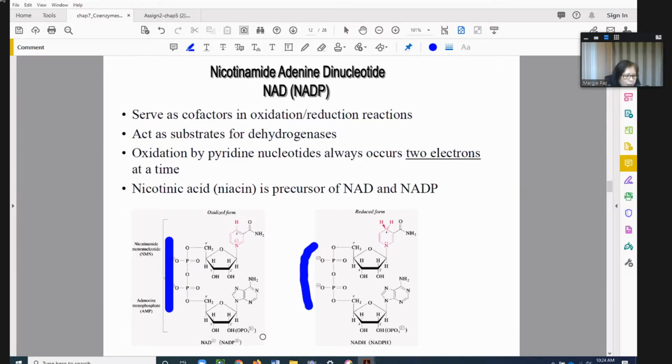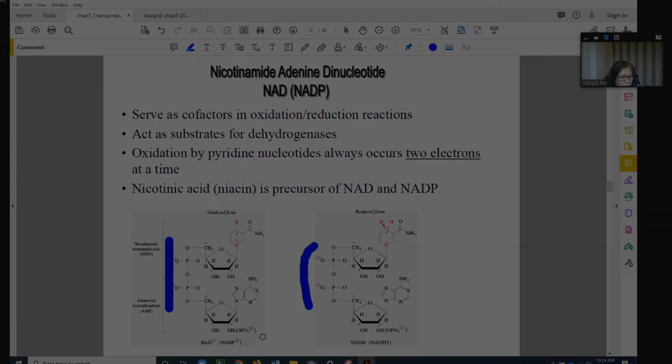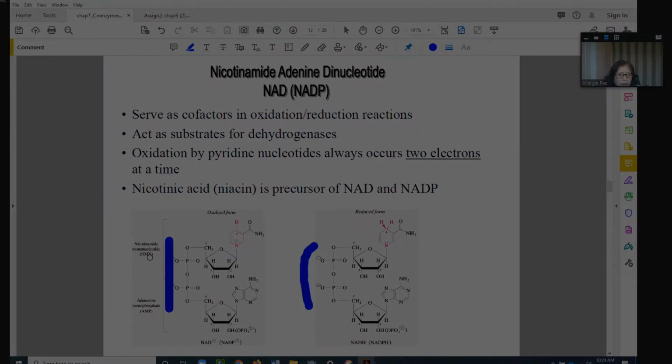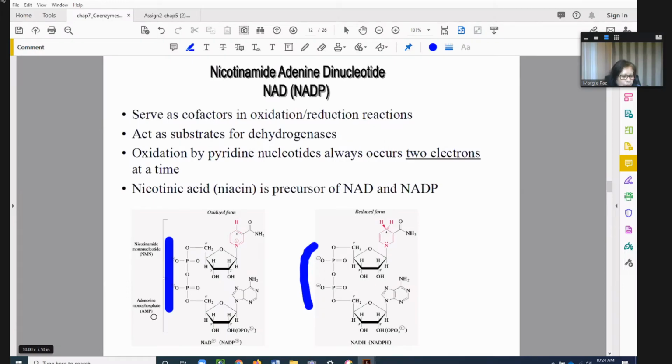So NAD, NADP contain a phosphoanhydride linkage that joins AMP and NMN, nicotinamide mononucleotide, and AMP, adenosine monophosphate. The difference between these two coenzymes, NAD and NADP, is that NADP has a phosphoryl group at the 2' oxygen of the adenylate group here.